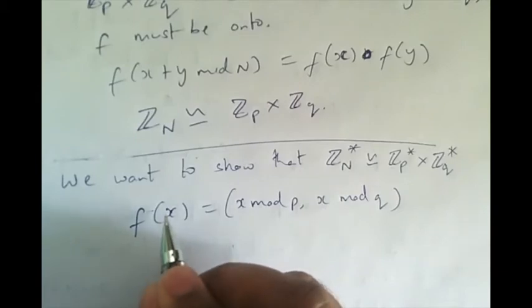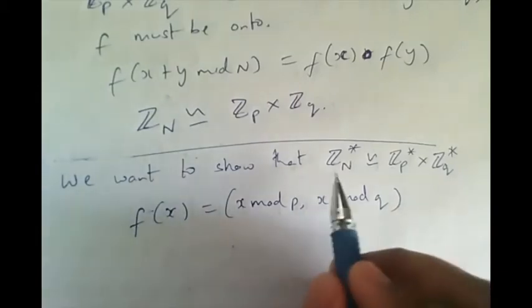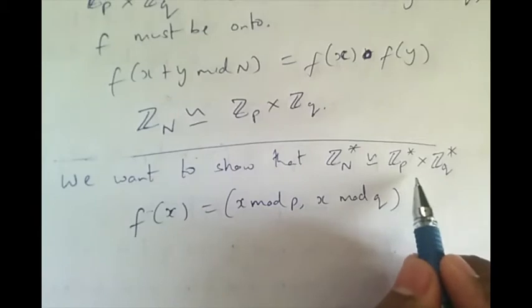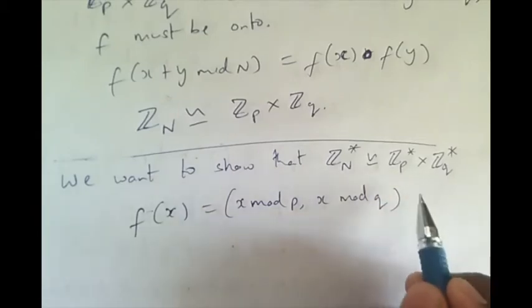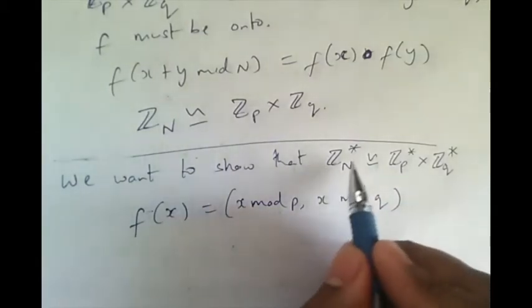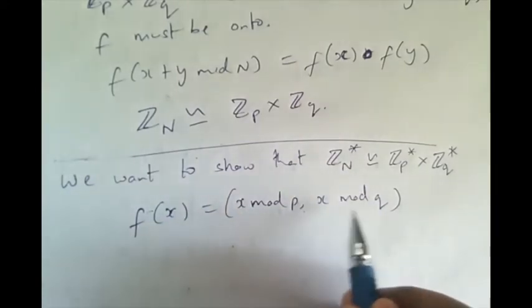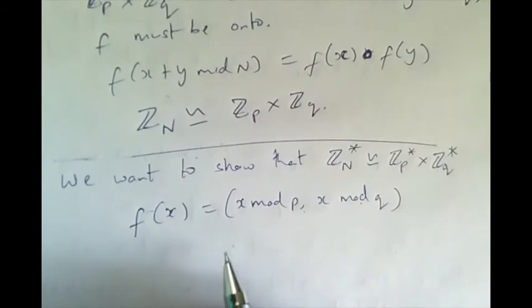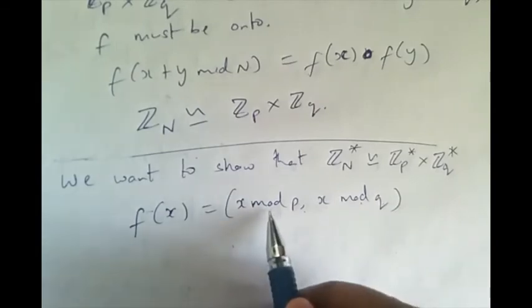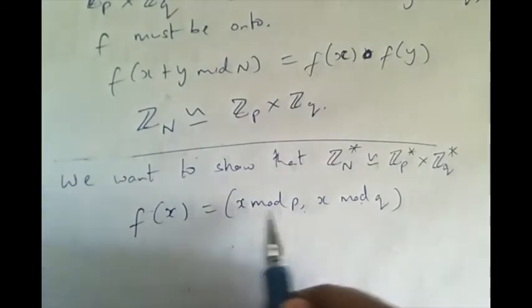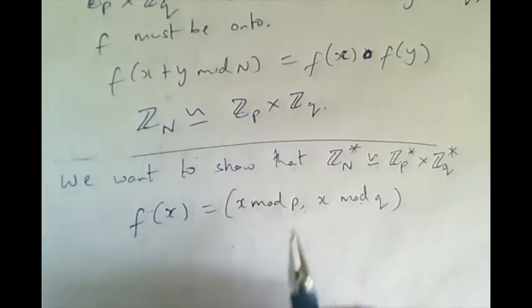Now, first of all, we have to show that f has codomain Zp star times Zq star. So what does that mean? If I take some arbitrary element in Zn star, it's an integer, and I compute x mod p and x mod q, where x is that integer, how do I know that the GCD of x mod p with p is 1?